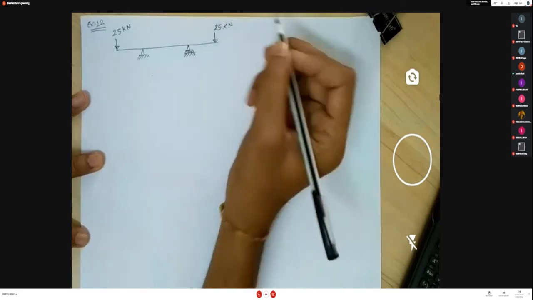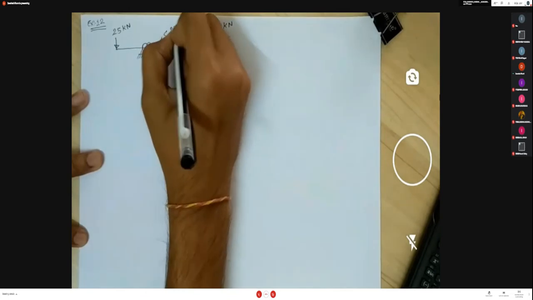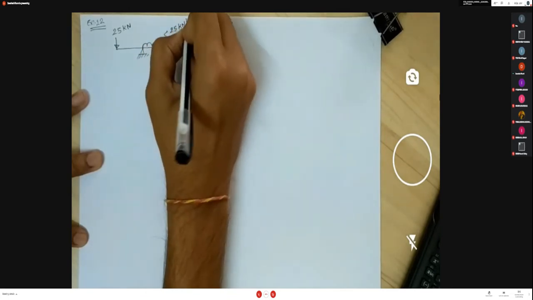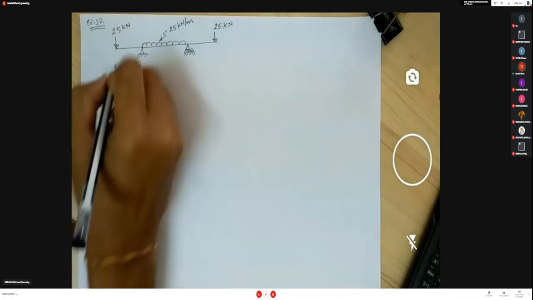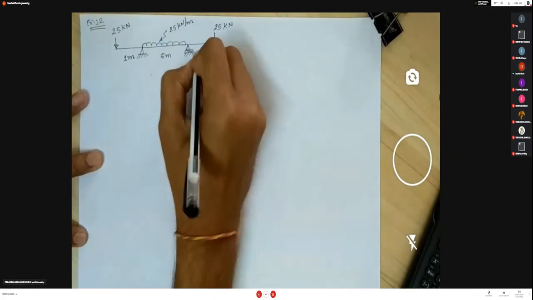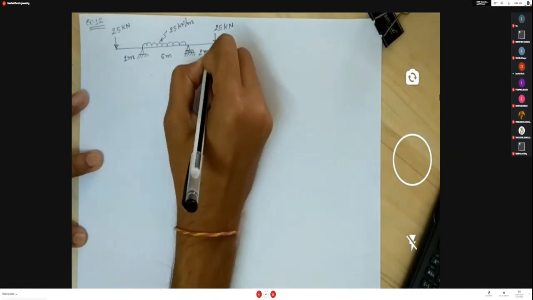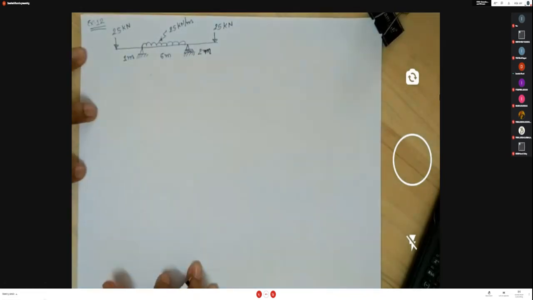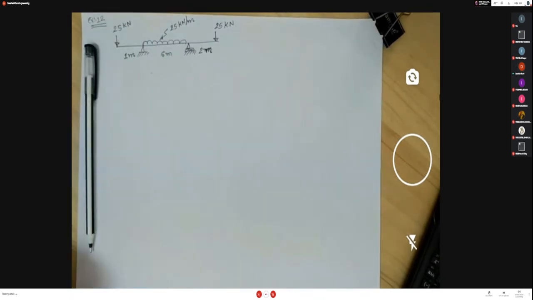In between, the UDL load is there. This one is 1 meter. This is 6 meter. This one is 2 meter. You have to draw the shear force and bending moment diagram of this beam.